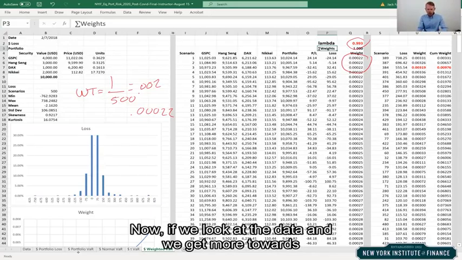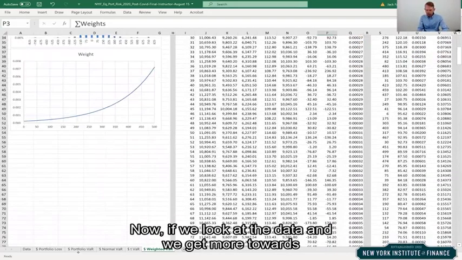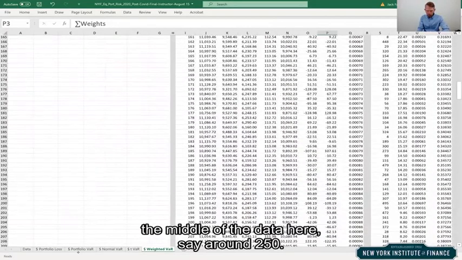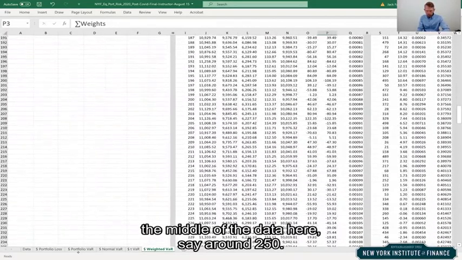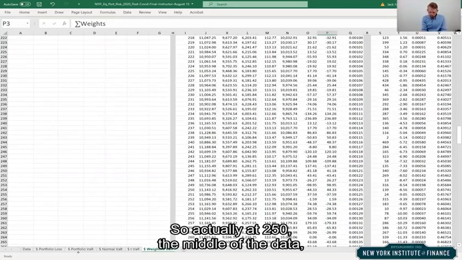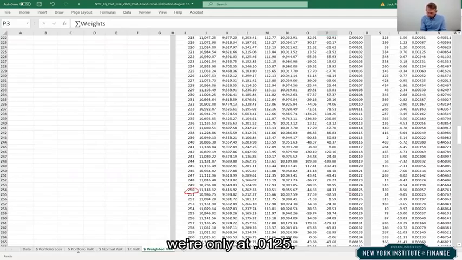Now, if we look at the data, and we get more towards the middle of the data here, say around 250, it's not going to be exactly 0.002 because it is exponentially weighted. So actually at 250, the middle of the data, we're only at 0.0125. So we're not at 0.002.